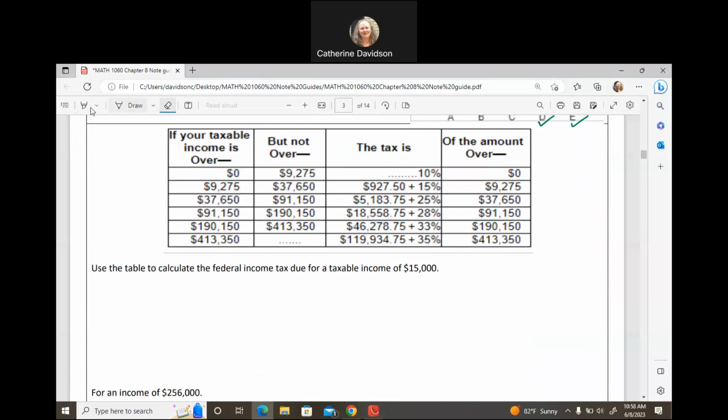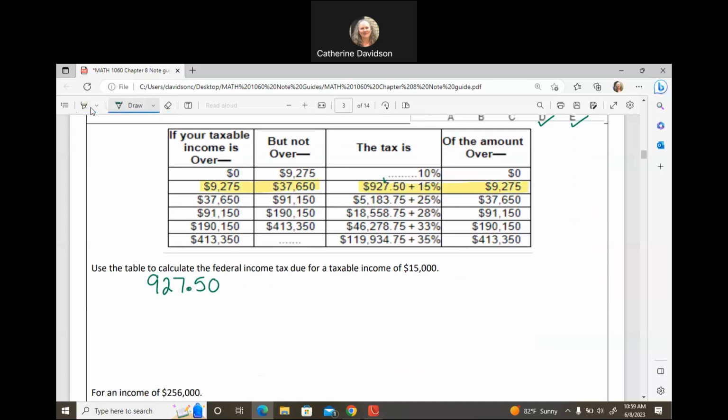So let's start. We need to calculate the federal income tax due for a taxable income of $15,000. So $15,000 falls between the 9,000 and the 37. So this is how we're going to calculate the tax. First of all, you're going to pay a flat amount of $927.50.